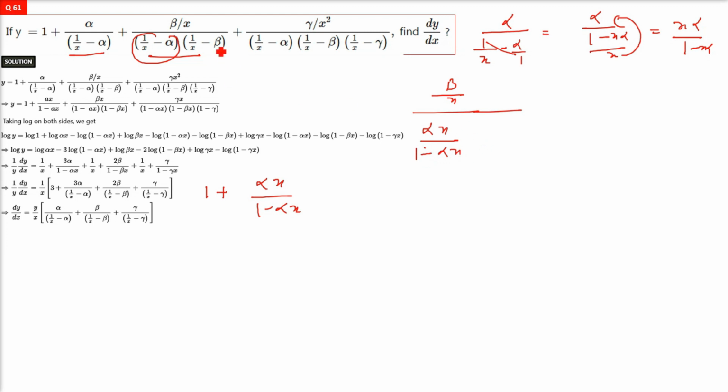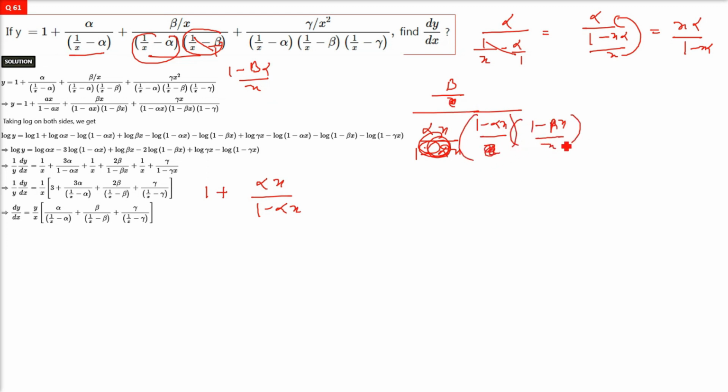No, not this one, because this is what we have got after the reciprocal. And the second part is 1 minus βx by x. So the first will be, let me just cancel this. It is going to be 1 minus αx by x, and this is 1 minus βx by x.